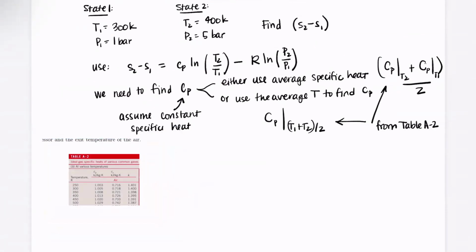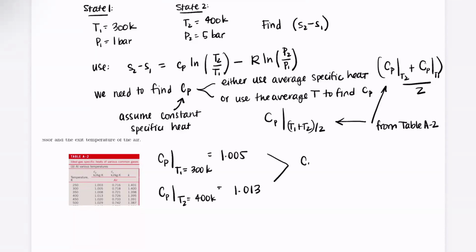So let's do the following. Our CP at a temperature T1, which is 300 K, is 1.005. And then CP at T2, which is 400 K, is 1.013.